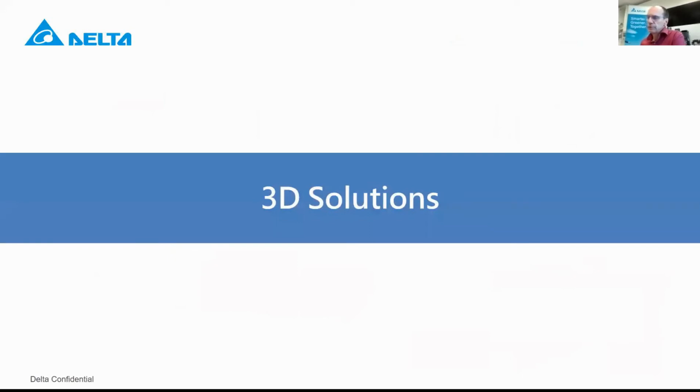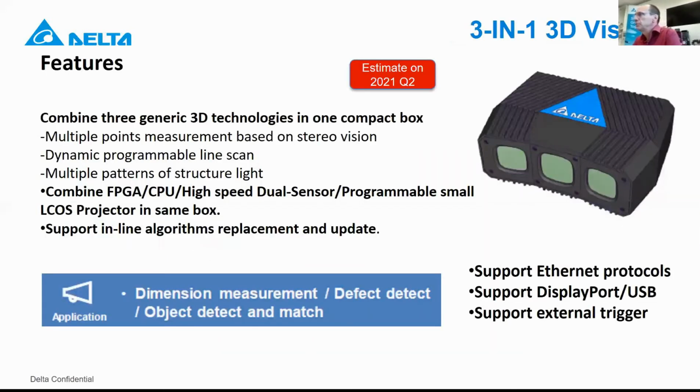3D solutions. We are starting promoting now at this moment 3D solutions. This one we will have end of Q1, Q2 next year. It's a 3-in-1 3D version, and it is based on 3 different types of technologies combined in one package.